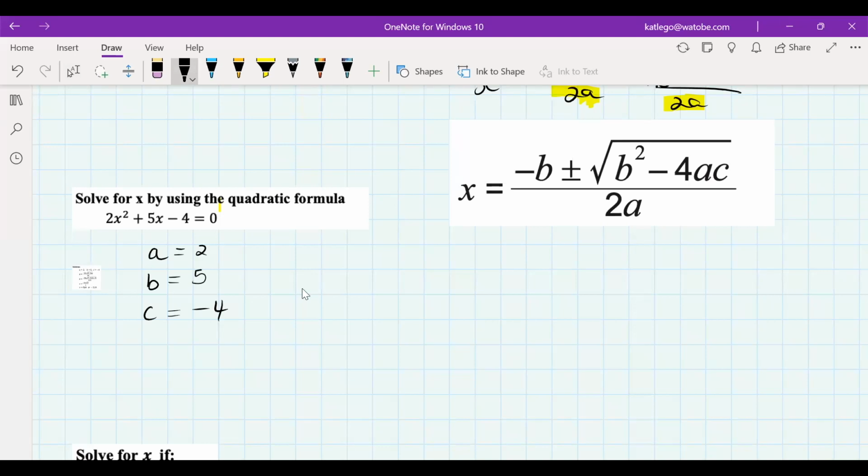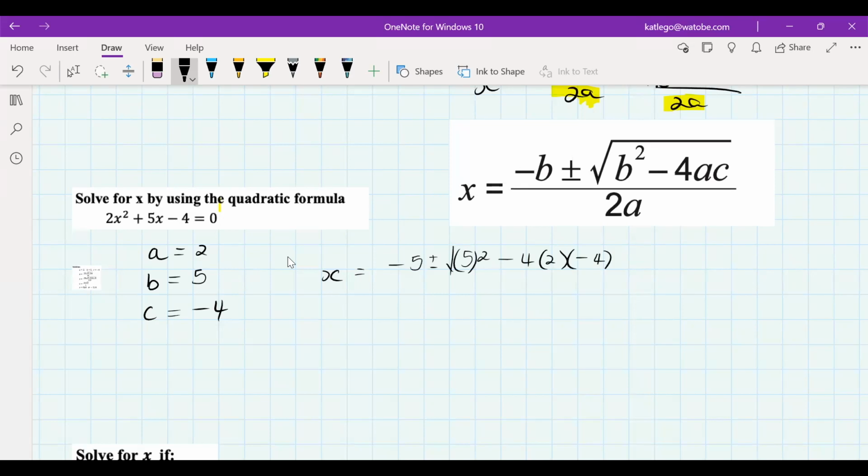So, do you want to stay behind and tell me where I'm going to substitute everything? Yes, ma'am. I can stay. There we go. X equals negative. How much is B again? X is equal to negative 5 plus minus square root 5 squared in brackets, and then minus 4 into 2, and C is into negative 4.